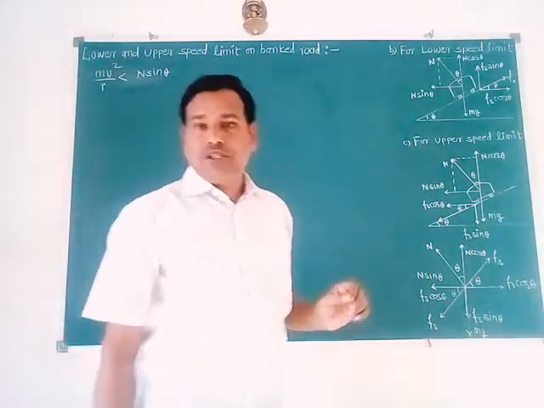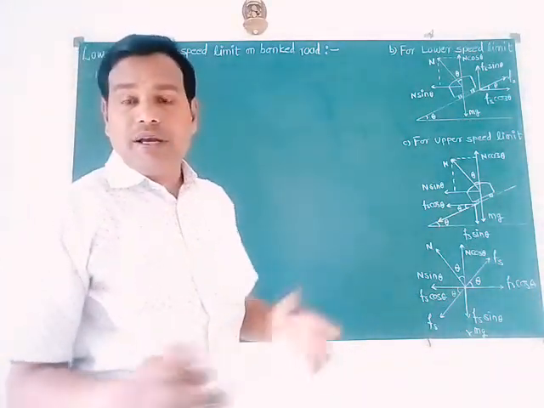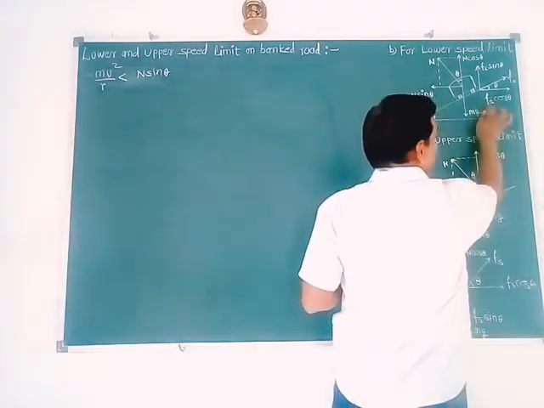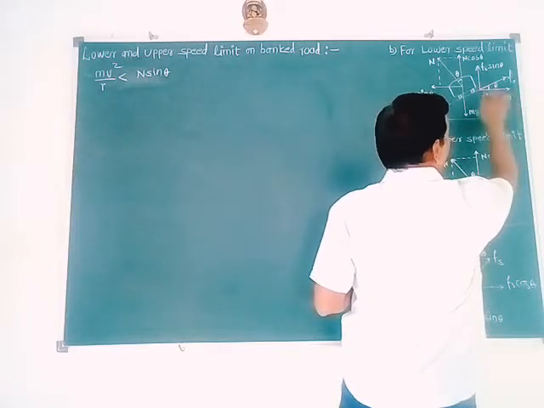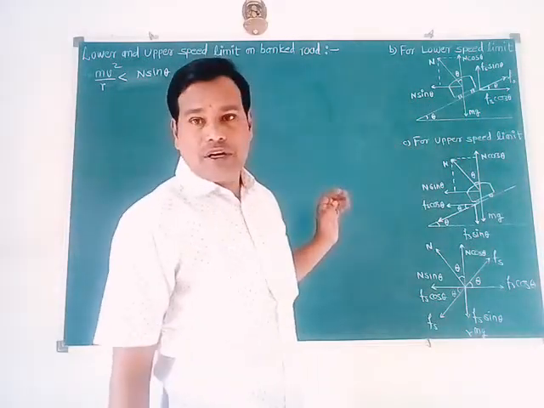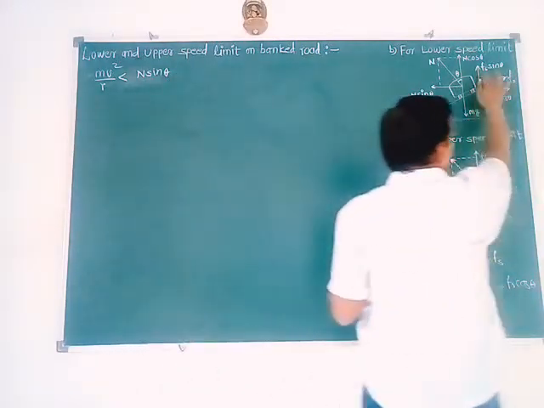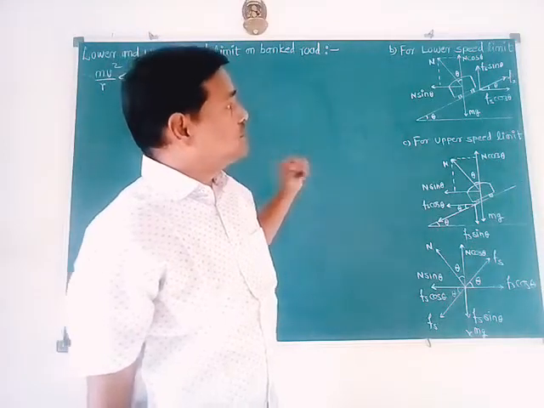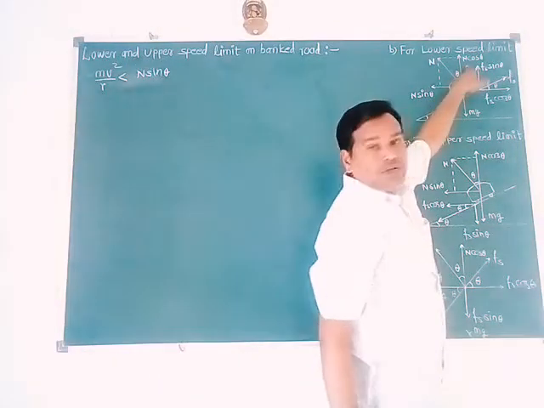That force of friction is also a vector quantity, and it can be resolved into two components. First, Fs cos of theta, which is opposite to this n sin theta, the component of normal reaction. And second is Fs sin theta, which is in the upward direction, in the same direction as that of n cos theta.